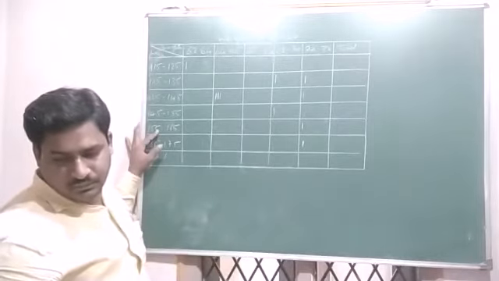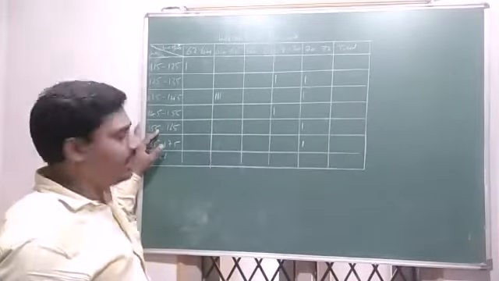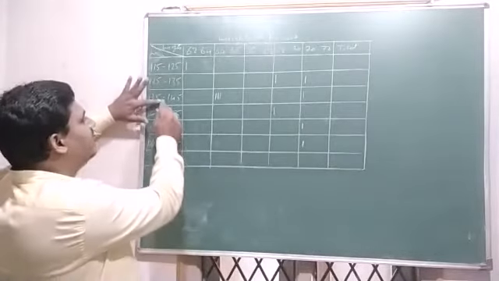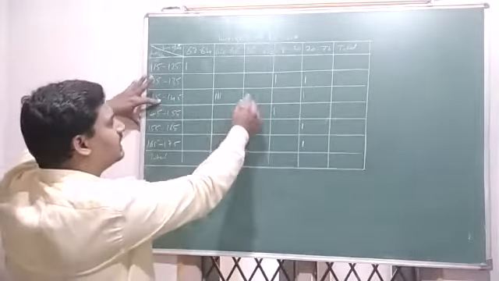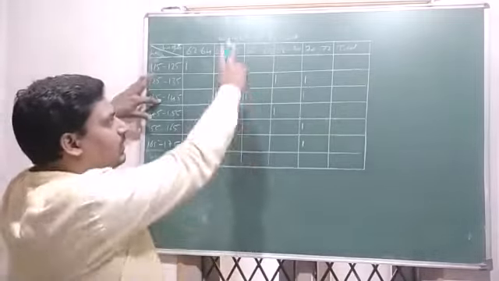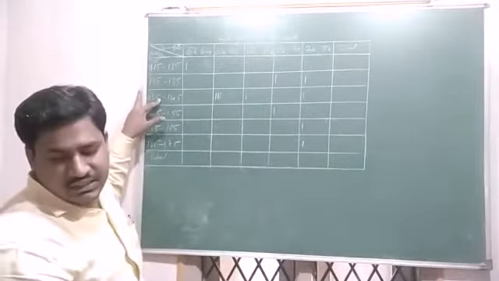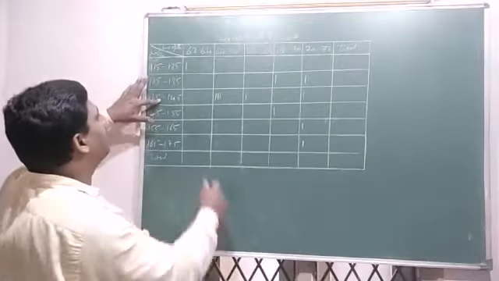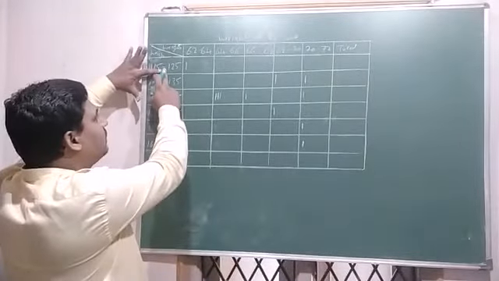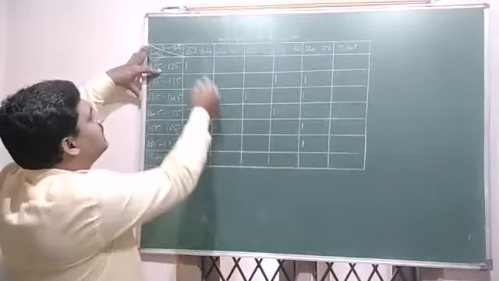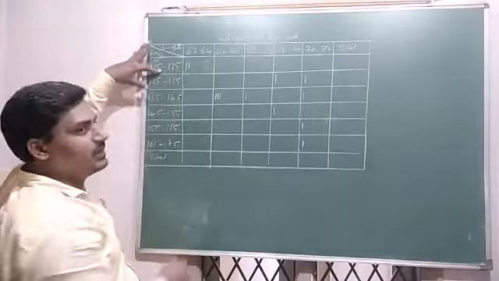Next 139 and 67 kg. 139 in this and 67 kg lies in this column. And next 122 centimeter, 63 kg. So 122 in first row, and 63 kg again in first column itself here.